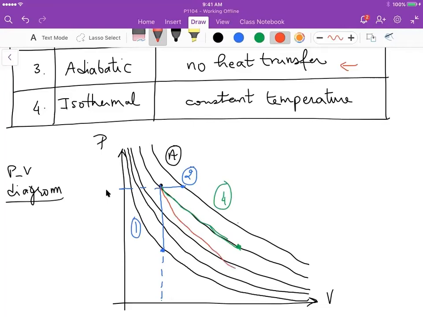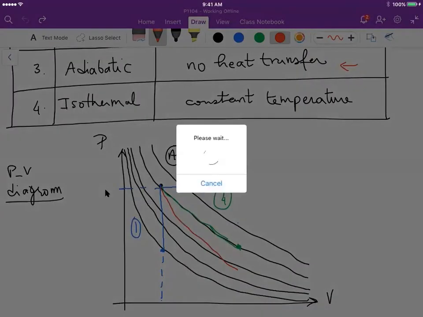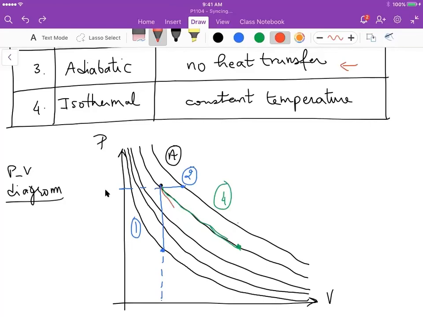Like in this case, for example, you may be moving to this curve. Let me just do it again. So here it is, for example. And so this is the path number 3.